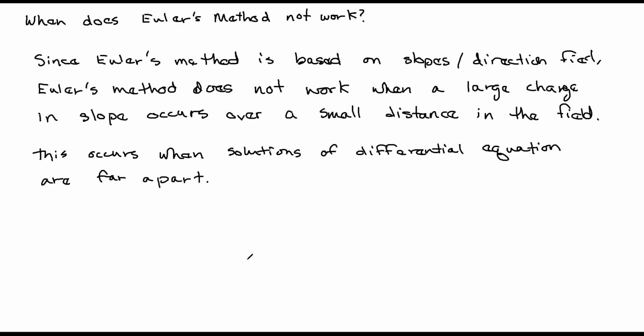What I mean by that is, if you were to graph solutions for different initial conditions, you see those solutions diverging, spreading apart in the picture. We actually can talk about when that happens. This is an interesting thing. If the differential equation can be solved, we can see what would cause this.